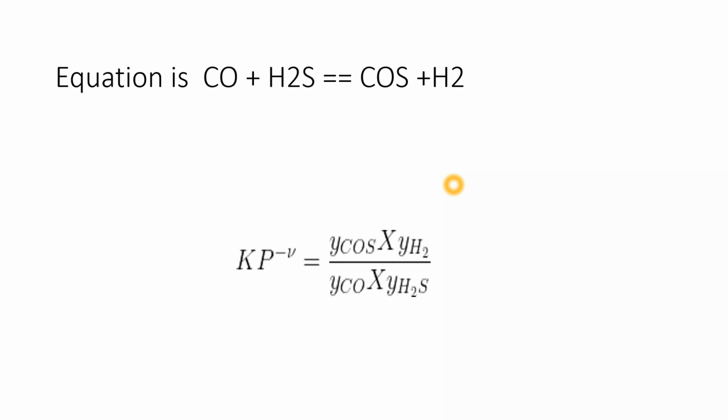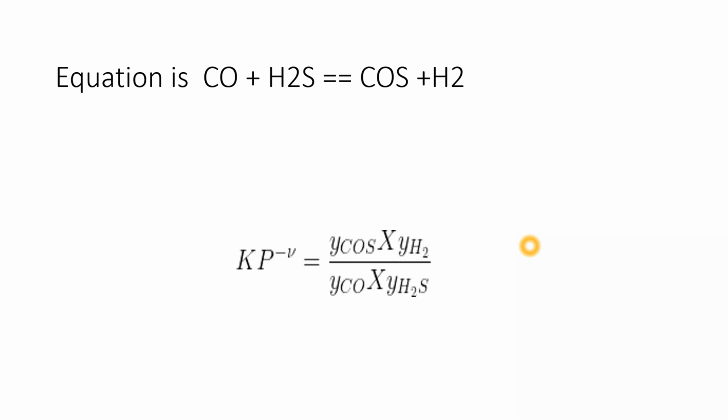Why do we write this? There is a question of why we have written that P to the power minus nu is equal to y COS. If you take this here, Kp is equal to pCOS into pH2 upon pCO into pH2S, where the small p is the partial pressure, so we write it as mole fraction into total pressure.